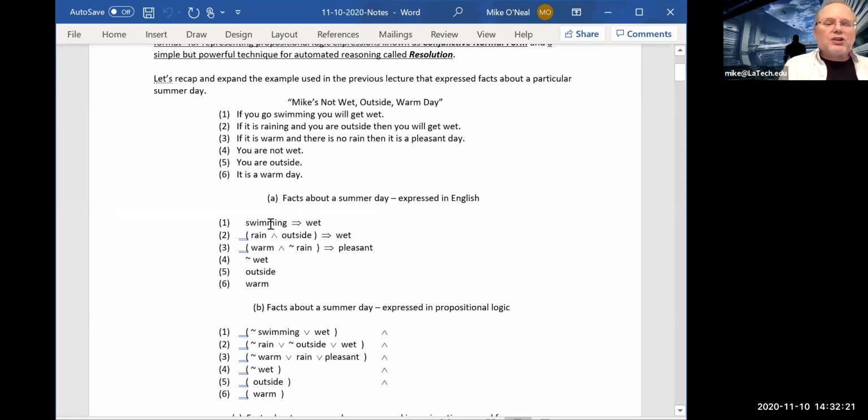But so you can argue whether or not the English is truly captured here completely correctly. But once we've gotten to these 6 statements, there's absolutely no argument that these 6 statements, when we take them all together as being true, is exactly the same as the statement that we got here.